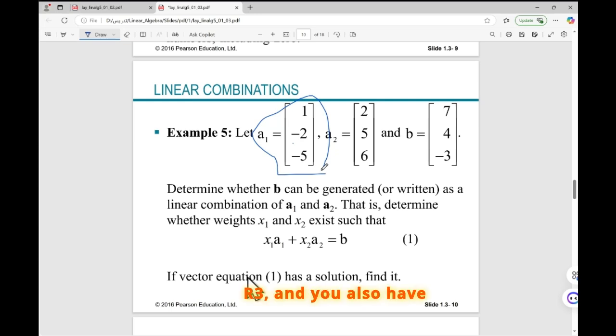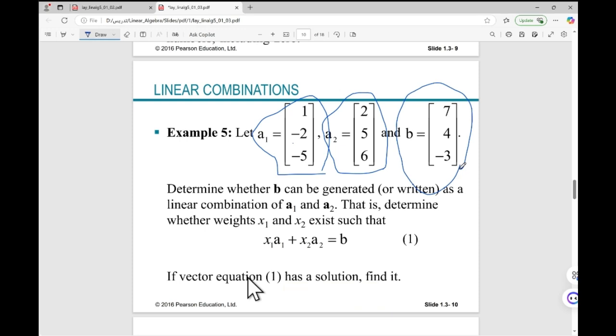And you also have this vector A2 in what space? Also R3. Exactly. And you have this vector B like this: (7, 4, -3). This is also in R3.